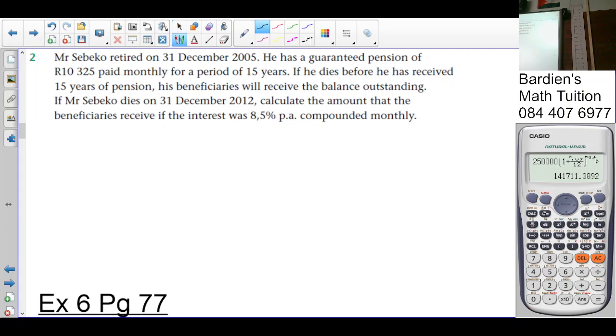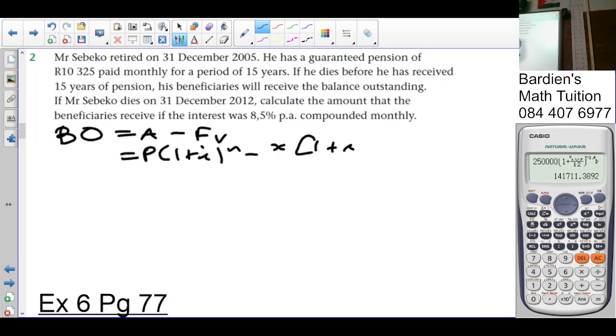So for balance outstanding, that's going to be A minus FV, which is P into 1 plus i to the exponent n minus X into 1 plus i to the n minus 1 over i. Okay? So if you look at this, we need to know what the present value is. We know what i is, i is going to be 8.5%.